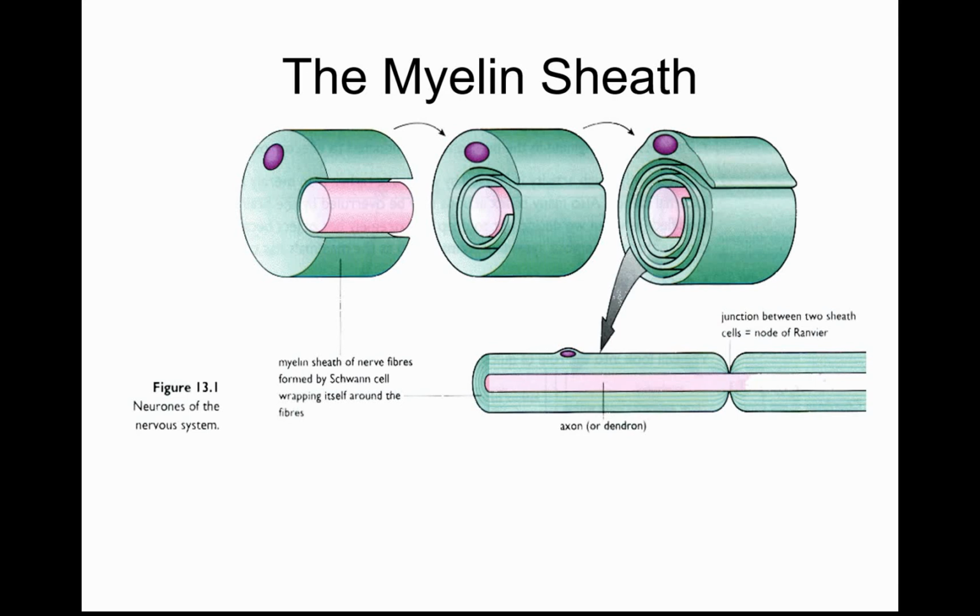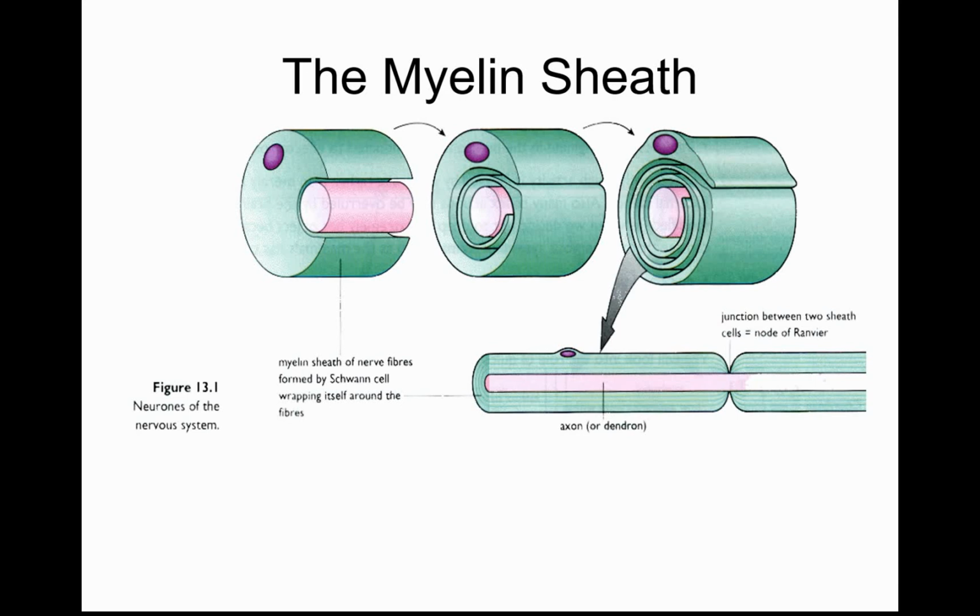So all your motor neurons attaching to your muscles and most of your sensory neurons are myelinated, because they're transmitting nerve impulses quickly either from your receptors to the central nervous system or from your central nervous system directly to your skeletal muscle mainly, and it needs to be rapid.